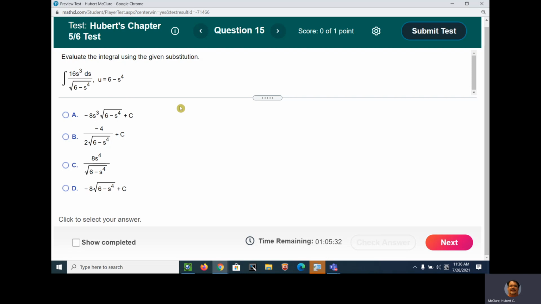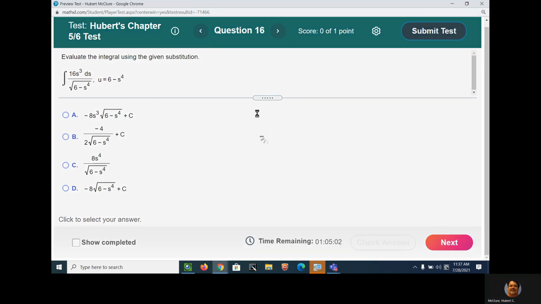I'm sorry, u to the 1/2 over 1/2, which is 2 times u to the 1/2. So that's where the 2 comes from, and the 2 is multiplied by 1/4 or 4, so that's going to be an 8. I believe it's either going to be negative 8 or negative 8 down here. So it's going to be alpha or delta.